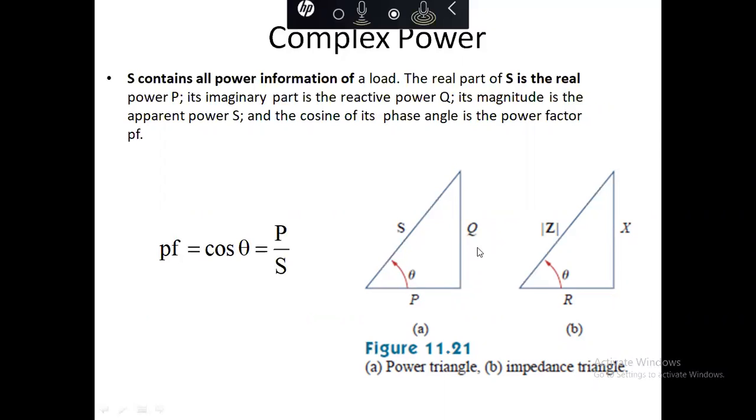So that is the power triangle. And the angle between the real power and the apparent power is theta. And cosine of theta is in fact P over S. So this is in fact the power factor of this power triangle.